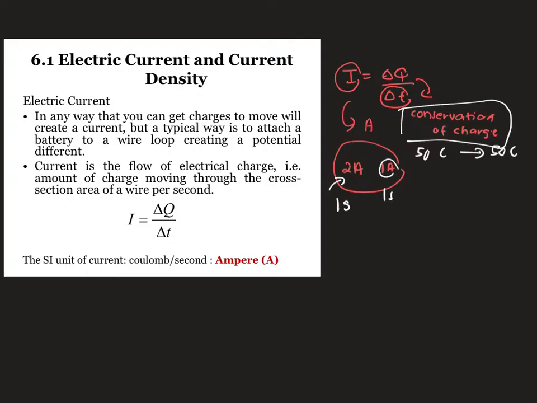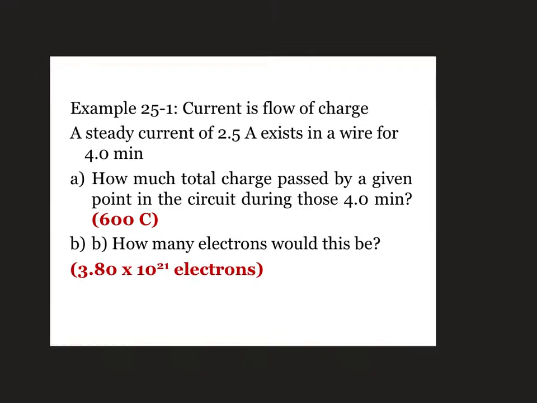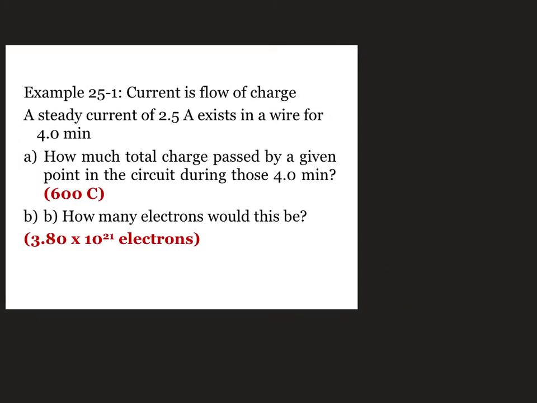Okay, example like this one. You can see that this question is quite easy. This question asks how much total charge passes a given point in the circuit during those 4 minutes. The thing you need to understand here is to always make sure that you change any physical quantity into SI units. So 4 minutes, you change into seconds first. 1 minute is equivalent to 60 seconds, so you get 240 seconds.